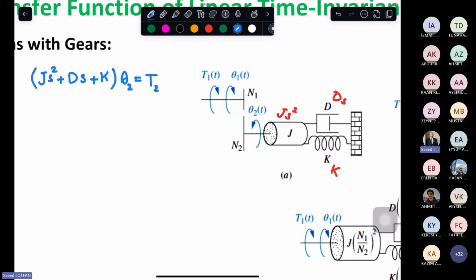So it is like J theta double dot plus D theta dot plus K theta equal to moment.